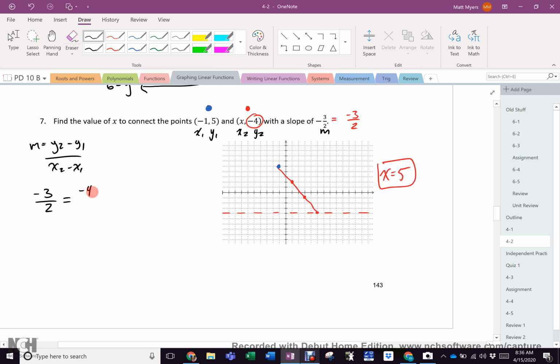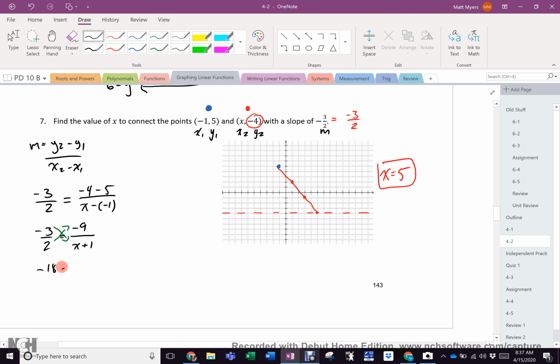That's fine. y2, negative 4 minus 5 over x minus 1. Negative 3 over 2 equals negative 4 minus 5, which is negative 9, over x plus 1, because minus 1 is plus 1. And then cross multiply.